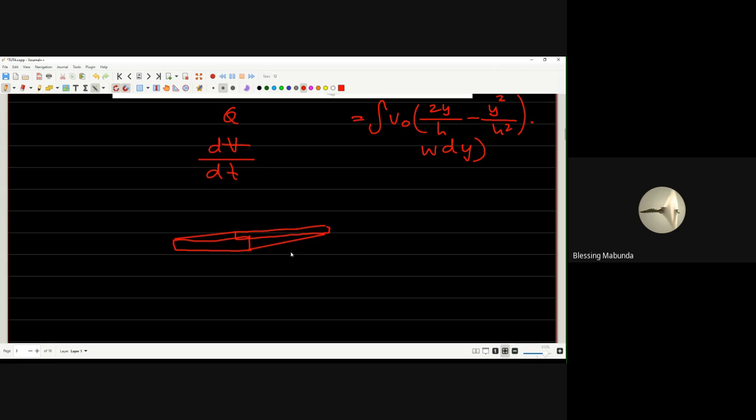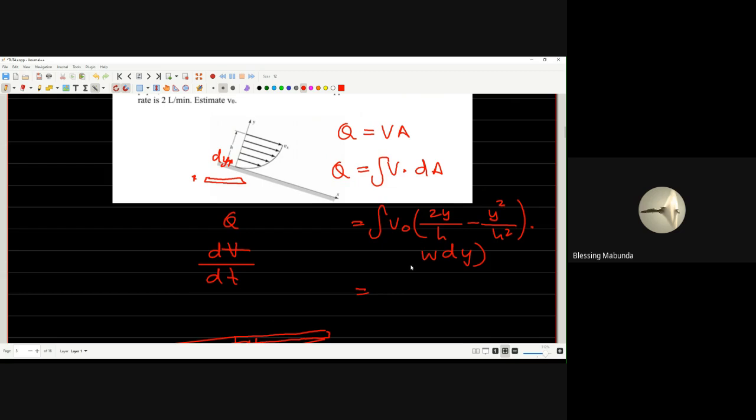You have that width that we're talking about. So this is dy, and here we have w, that width, which is going into the page. So when we compute that area, it is going to be the differential area made up of w and dy.